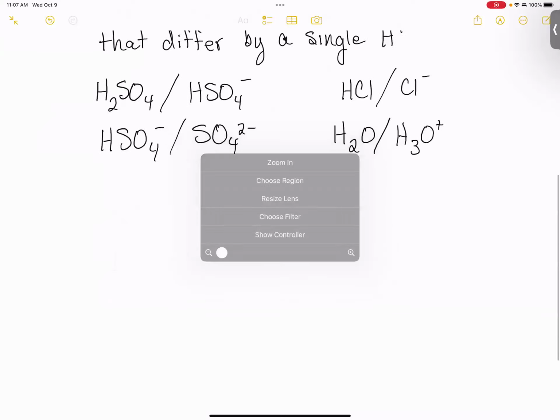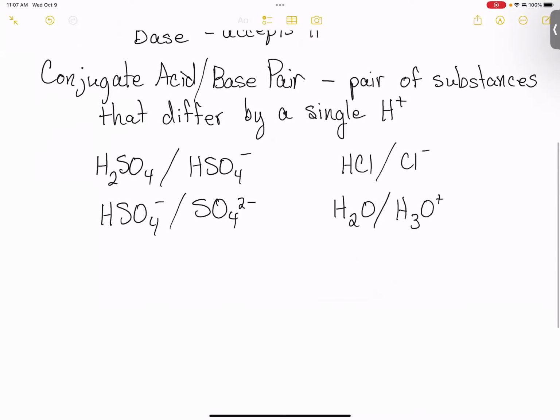Now let's deal with a Bronsted-Lowry acid-base reaction.